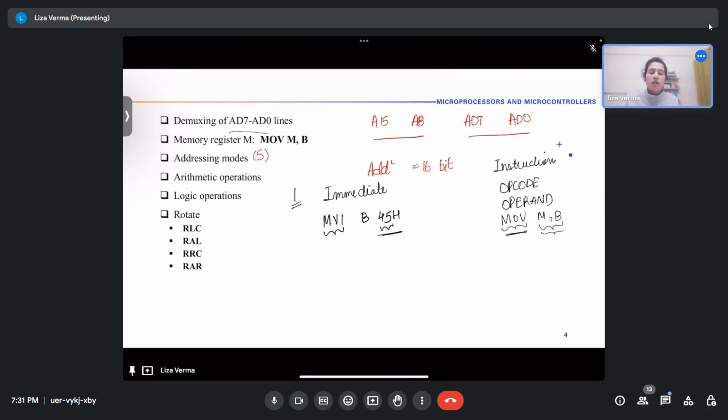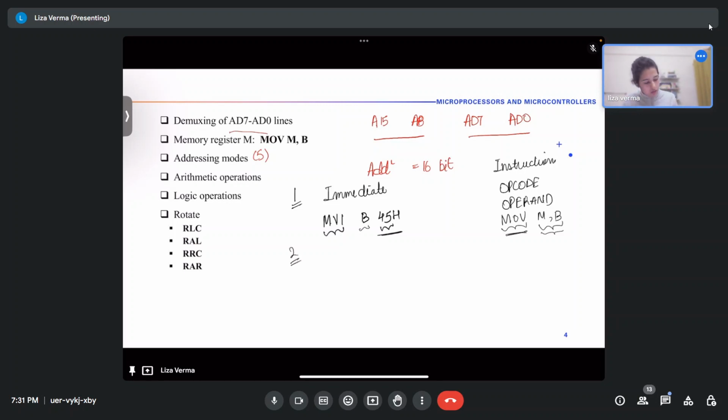We are not referencing the data through a register or anything. We are directly telling the microprocessor that this number is to be loaded to some register. It could have been another register also. So this is the immediate addressing mode.